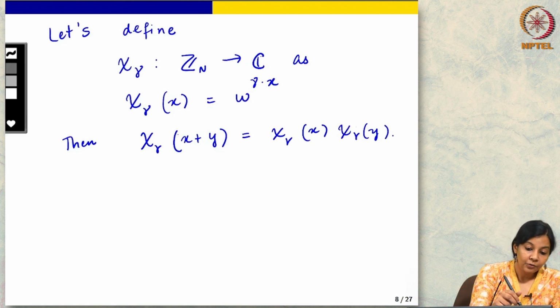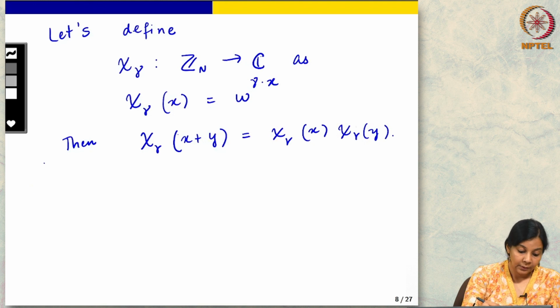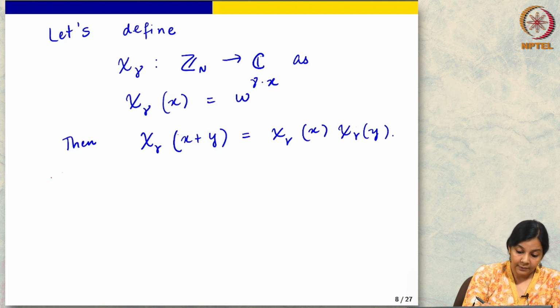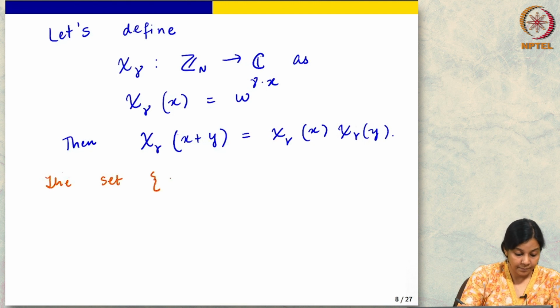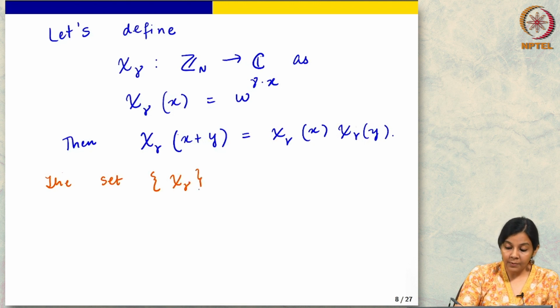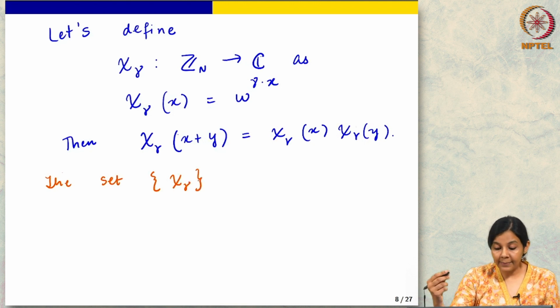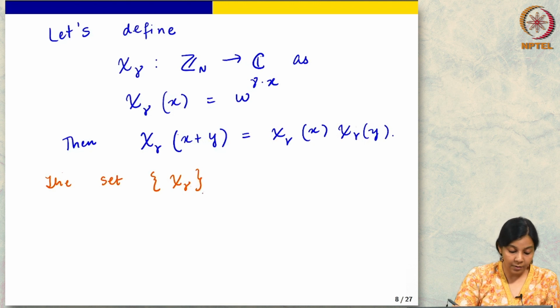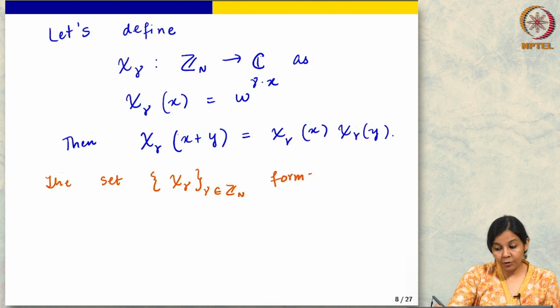Okay. So we can conclude that the set, actually, we cannot conclude yet. Maybe we will claim that the set chi gamma for gamma in Zn forms an orthonormal basis.